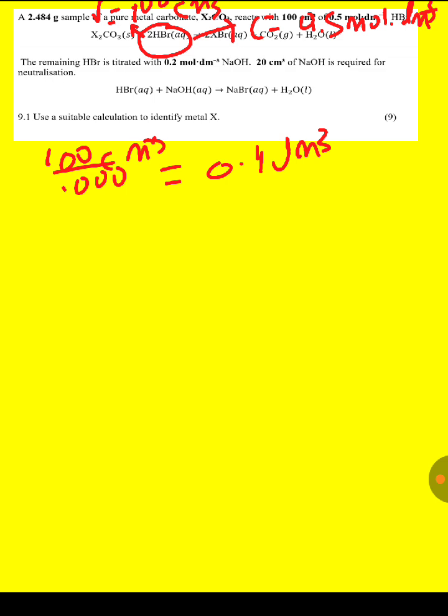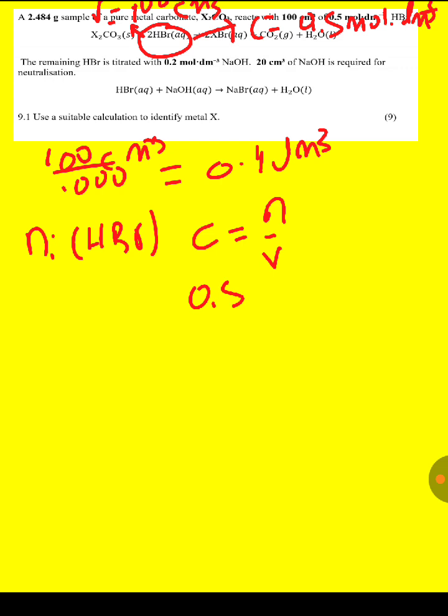Now we are going to get the initial number of moles of HBr. We get it by saying concentration is equal to number of moles divided by volume. The concentration that we have is 0.5, the volume is 0.1.